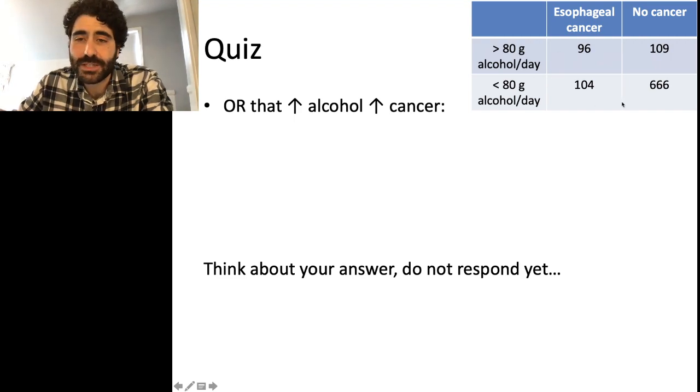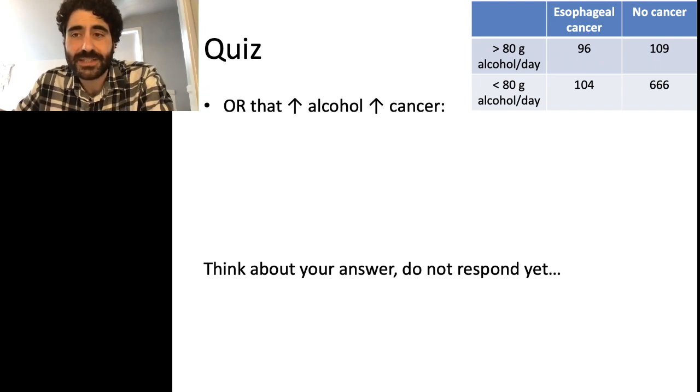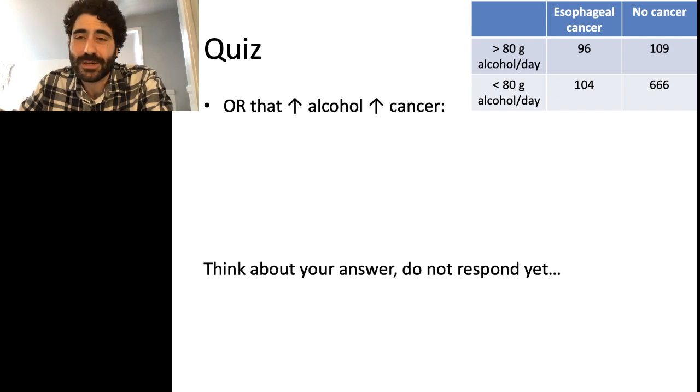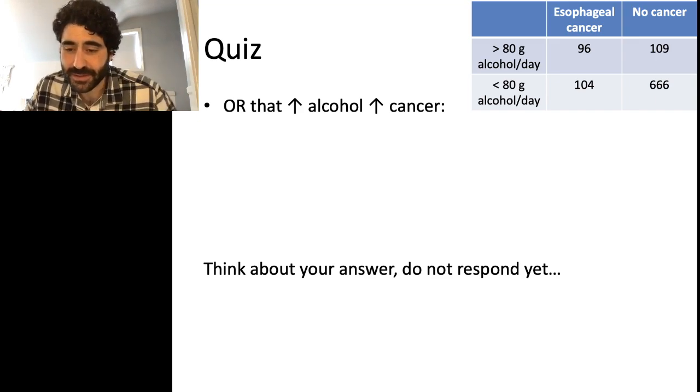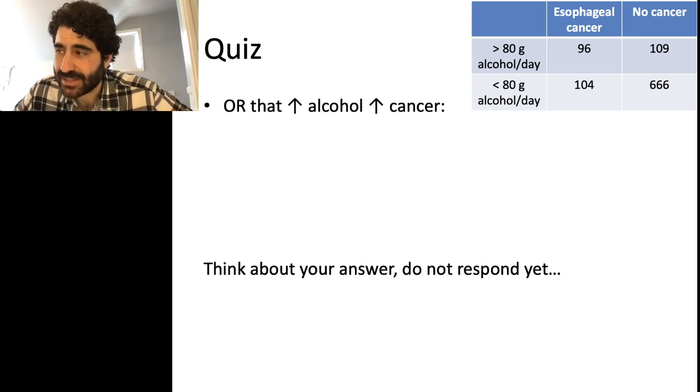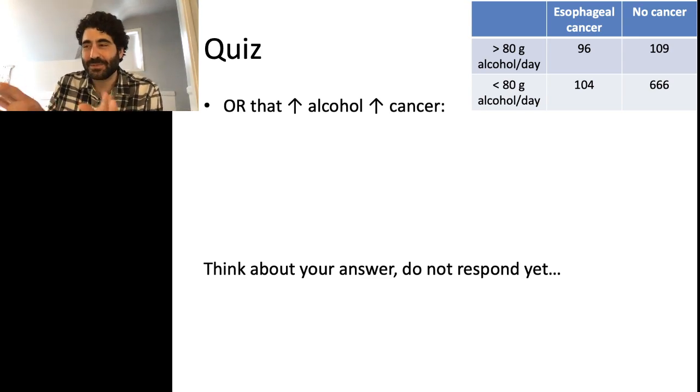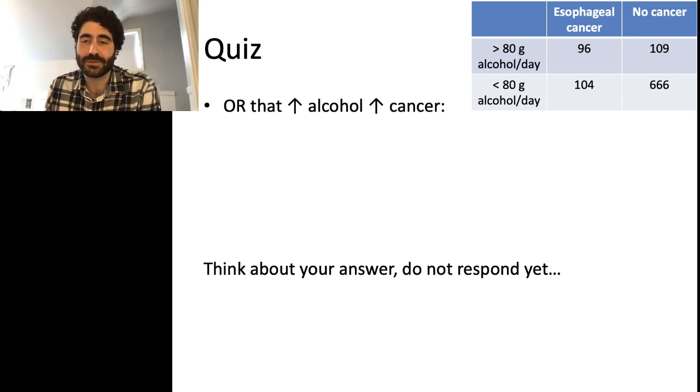So the question is, if we wanted to compute odds ratios in this 2x2 grid, we're going to want to look at the odds. We could do this a couple of different ways and get the same answer. But the way I'm assuming for this quiz is we're going to take these two different groups of people, light drinkers and heavy drinkers.